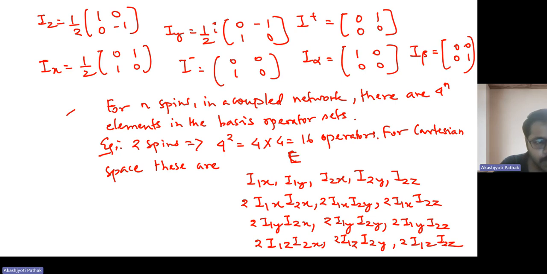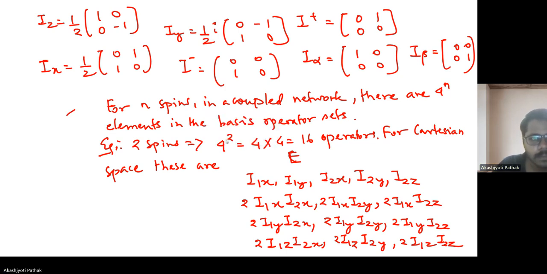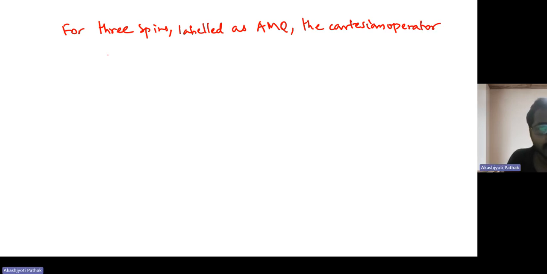Next, for three spins labeled as A, M, Q, the Cartesian operator sets would be found using the same concept.